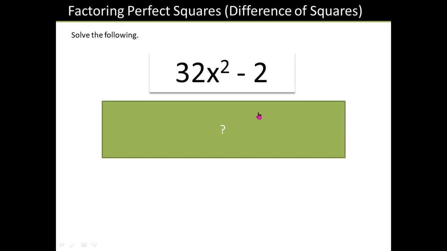What number do you multiply by 2 to equal 32? 2 times 16 makes 32, so 16 is a perfect square. Since we take out 2, the negative 2 here will become negative 1. 2 times negative 1 is negative 2. Now, how is it done?